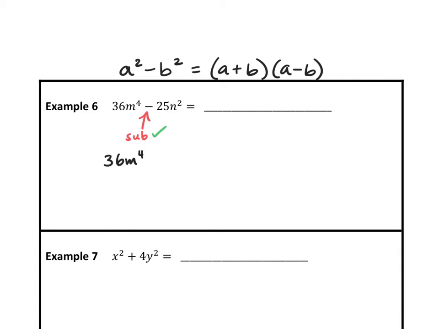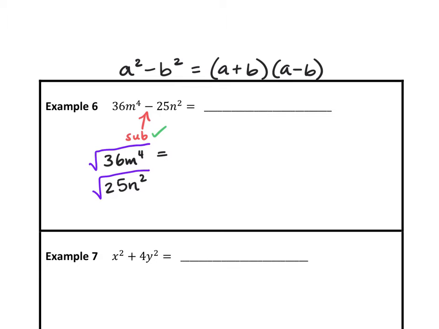And then 25n squared. Can I take the square root of 25 and get a whole number? Yes. Is the exponent even? Yes. So everything checks off. So then step 2 says to square root the first and the last term.